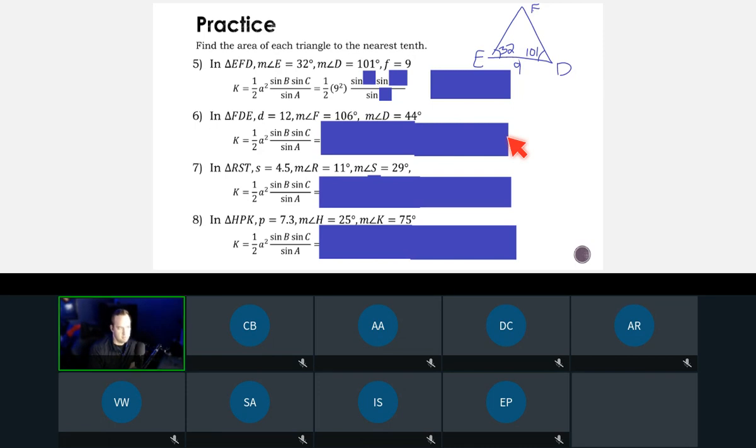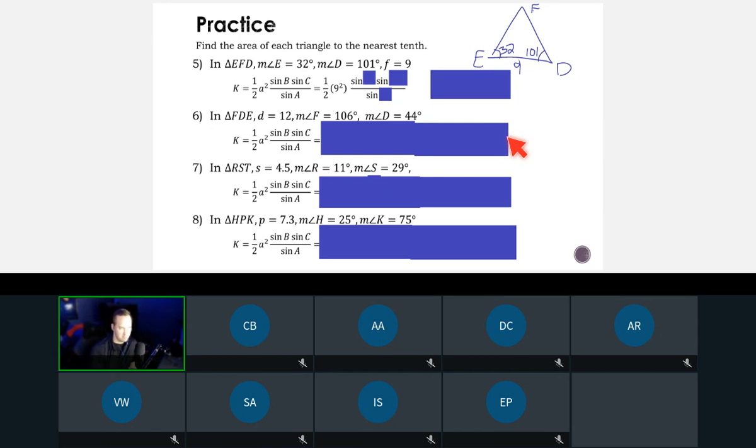Magic? Math magical? Yeah, so everyone here should know that all the interior angles of a triangle add up to 180 degrees. So if you know 2 of those 3 angles, you could easily find that last one by doing 180 minus 100 minus 32.